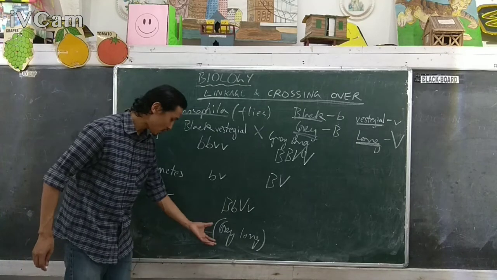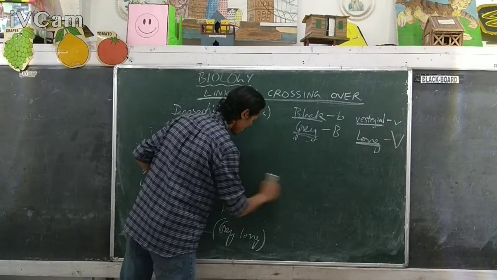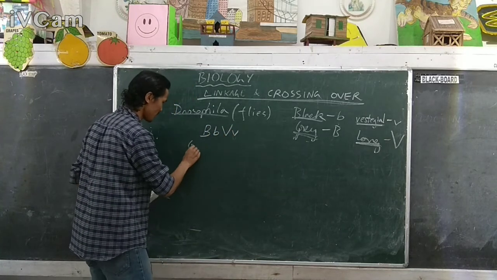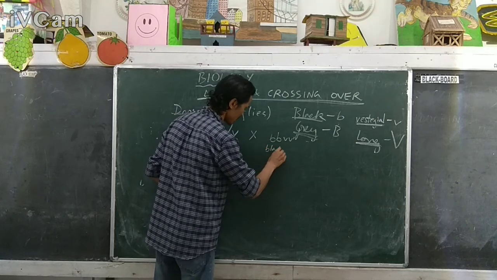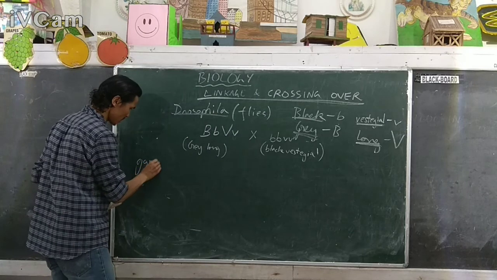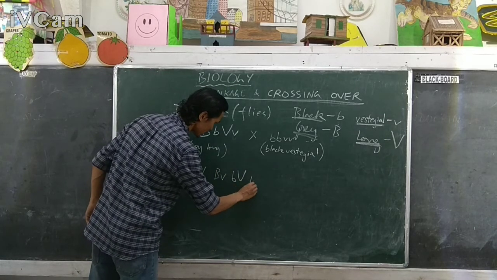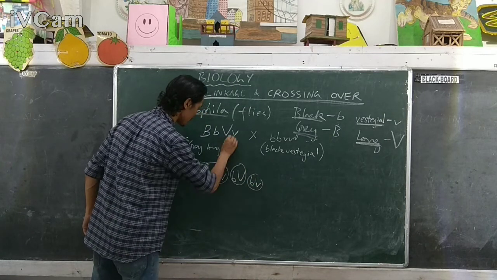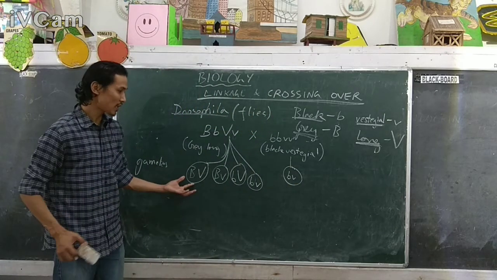Now what I'll do next is cross this F1 hybrid with a double recessive parent. So these are the gametes I'll be getting from the hybrid individual.